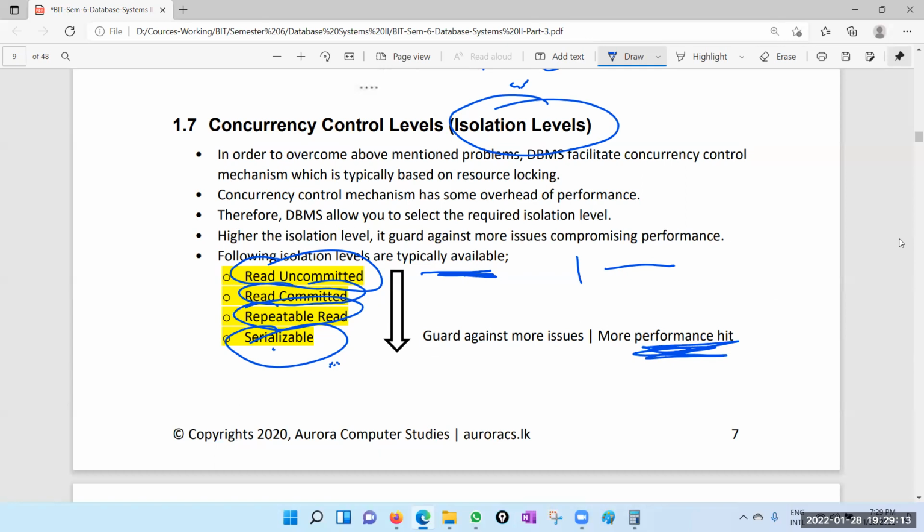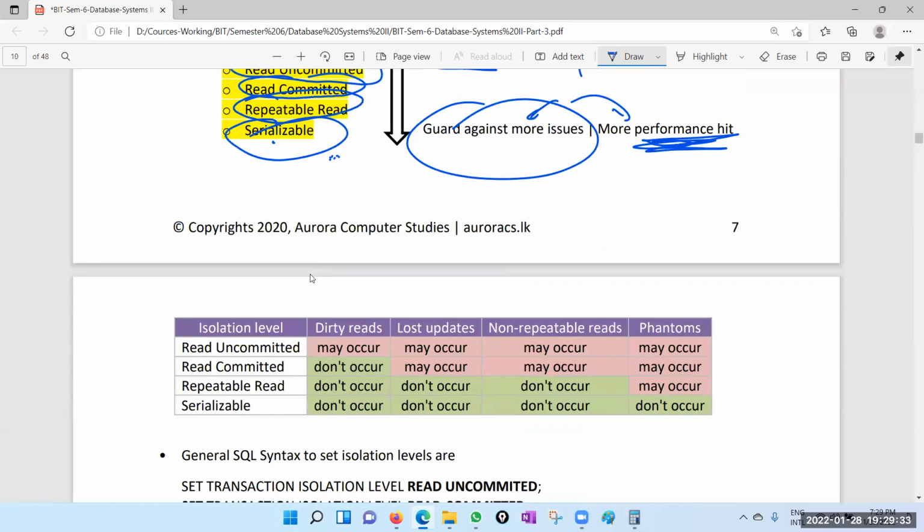But most of the time databases go for the level 4 because more than performance, we are interested in the consistency or the ACID properties. Especially if it is something like a bank, we don't want to take risks. So these are the 4 levels. Now in the database system, when you are starting a transaction, you have to set these isolation levels first.